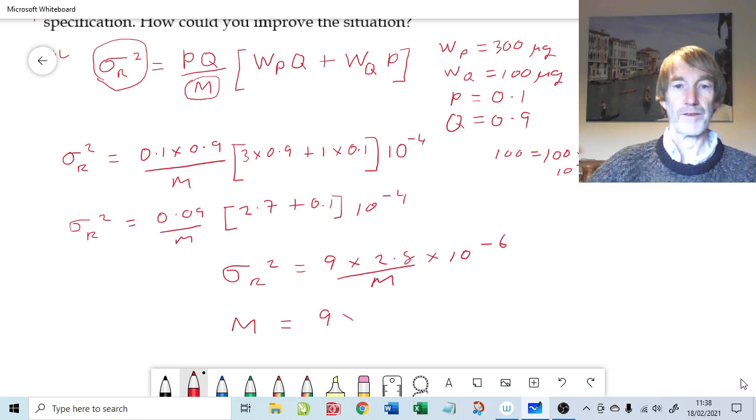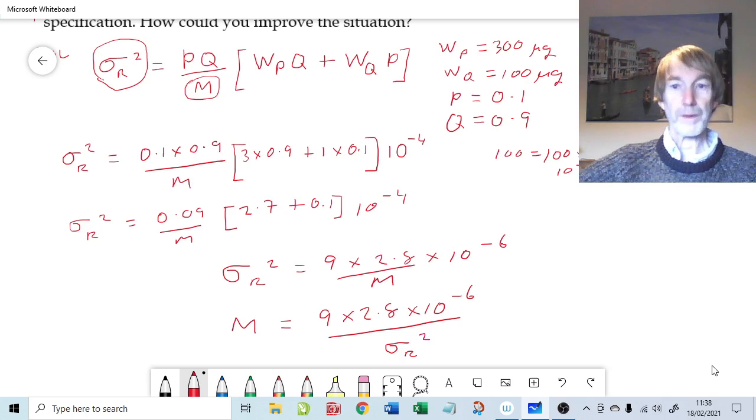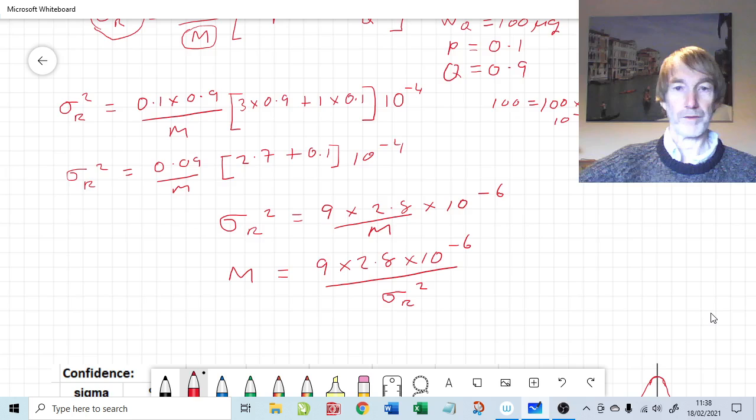So that's 9 times 2.8 times 10 to the minus 6 over sigma R squared, the variance between the samples drawn, or the variance between the pills, the final product.